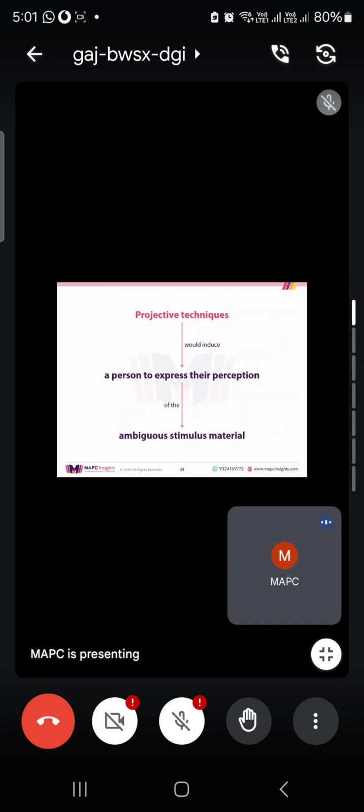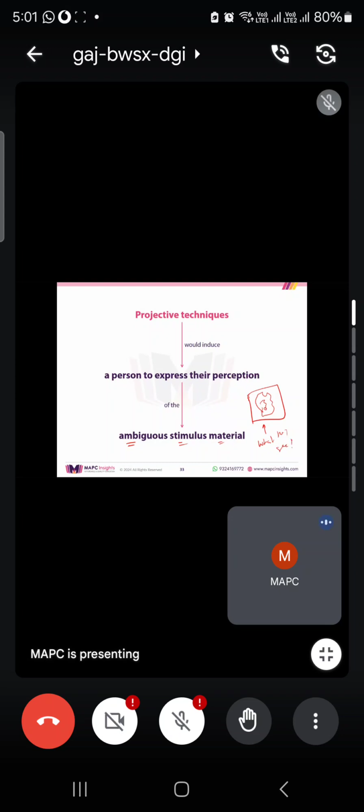Projective techniques. In projective techniques we induce a person to express their perception of ambiguous stimulus material. So we have the inkblot, which has various images, and we show these images to the person and ask what they see.